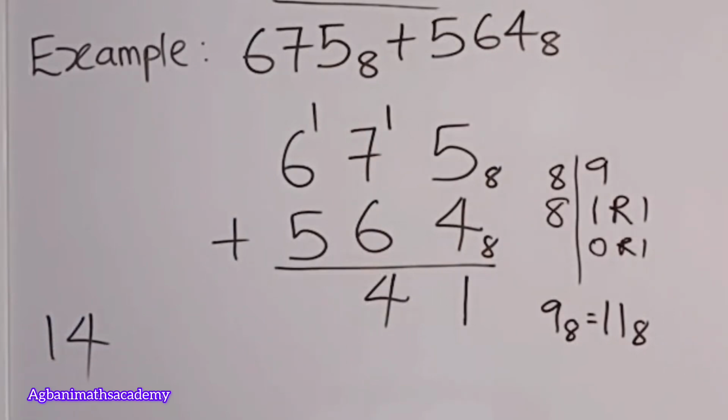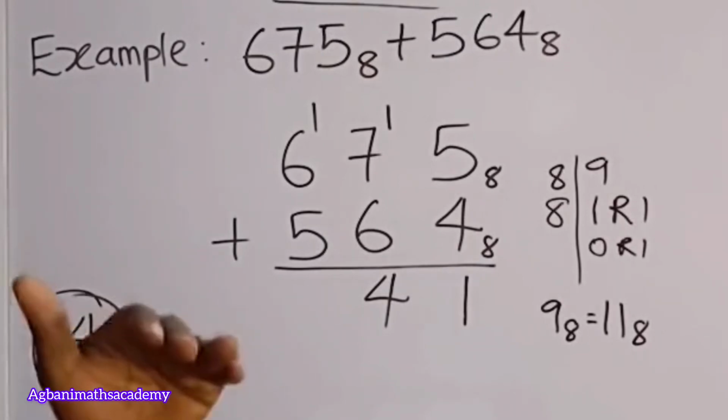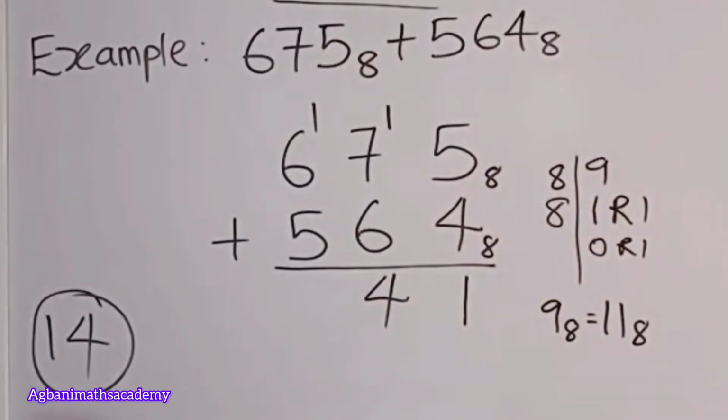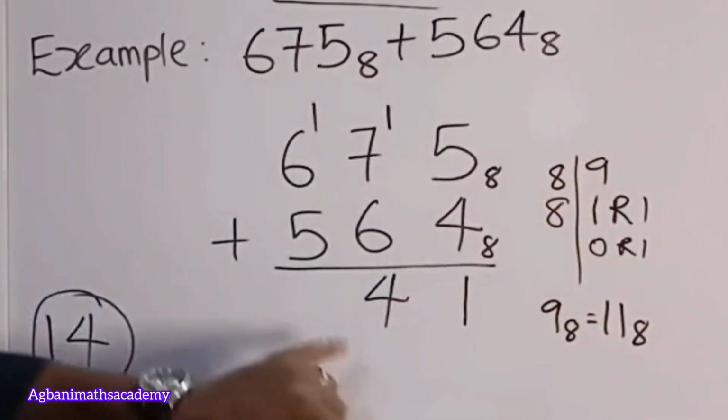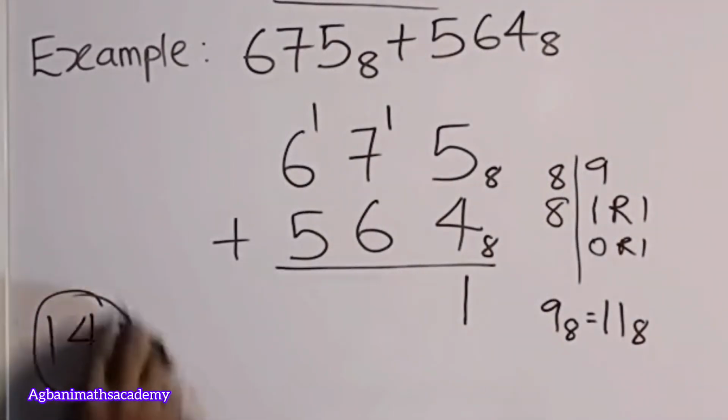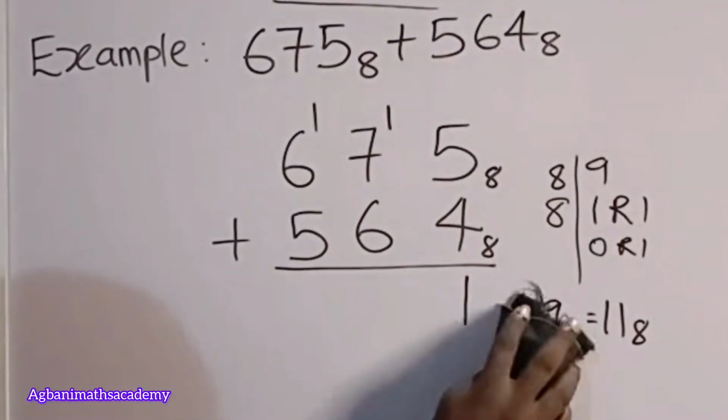The answer is no. We consider 14 as a number bigger than 8. Therefore, you have to do the same thing to 14. Although 4 is smaller than 8, and 1 is smaller than 8, you still have to go through this process before writing down the answer. So you can't write 4 here.